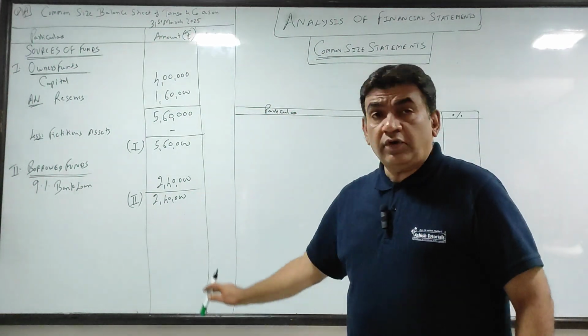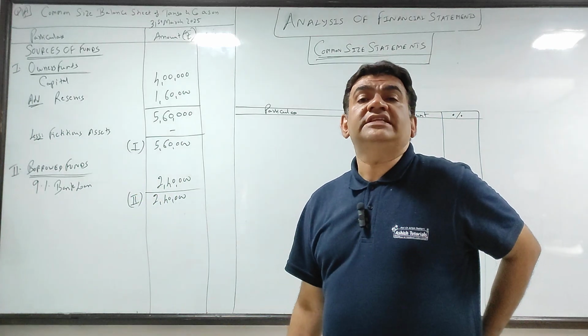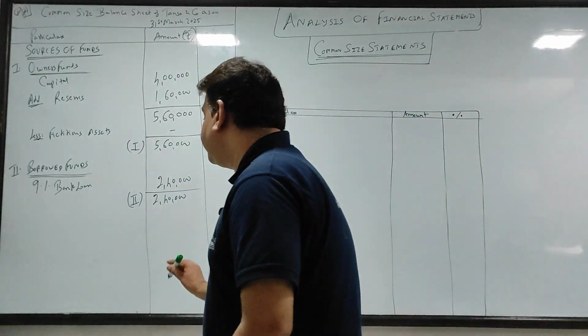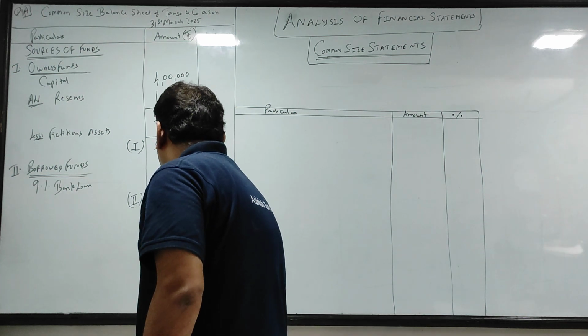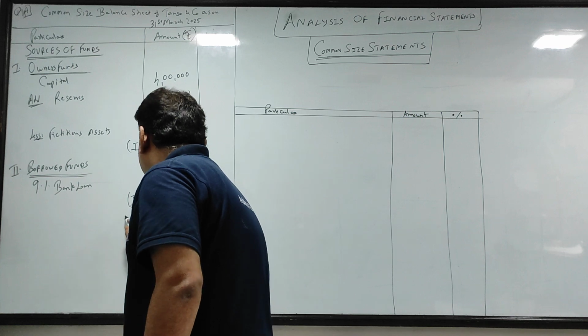Guys, no new point here. Let's convert the balance sheet. Uske baad we will see the calculation. So 240. That's it as far as the sources is concerned. Take the total. 560 plus 240 gives you 8 lakh.